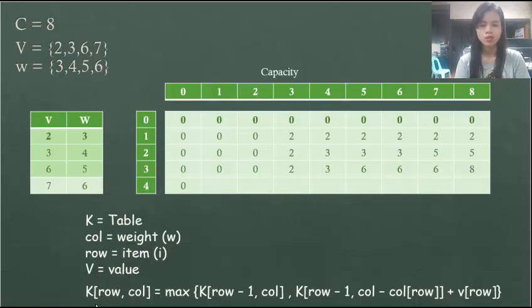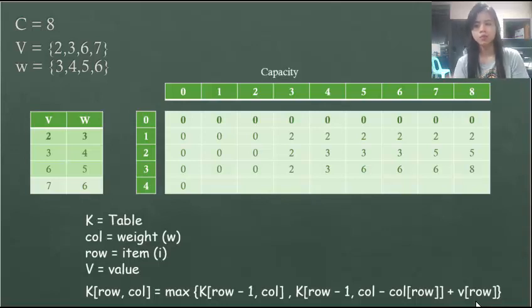So the formula is: K[row, col] equals max of K[row minus 1, col], K[row minus 1, col minus weight[row]] plus value[row]. And that's the formula for filling up the table.